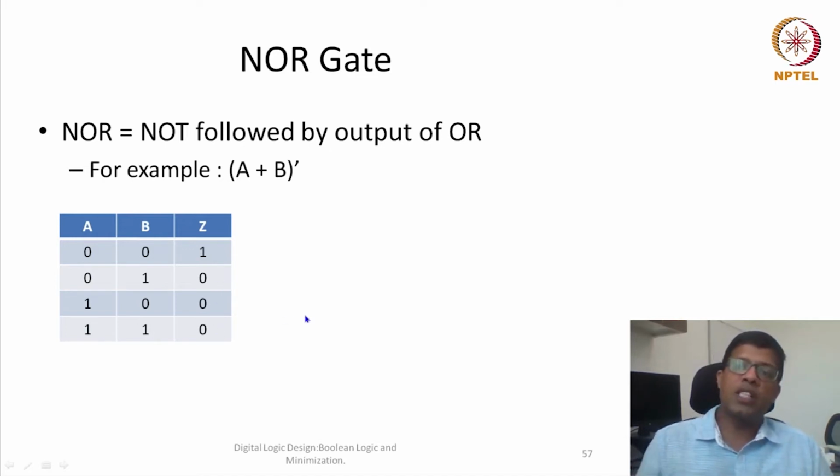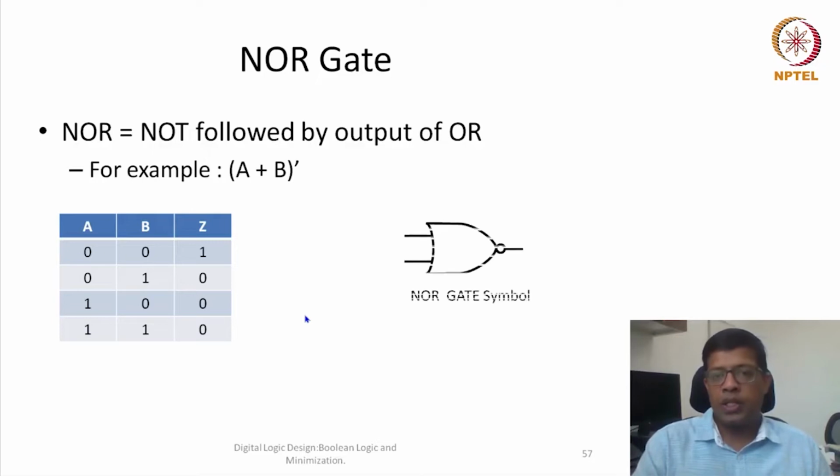Generically, if the inputs are more than 2 and all the inputs are 0, then the output is 1. Otherwise, if at least one of the inputs is 1, then the output is 0. The symbol is a circle after a regular OR gate.